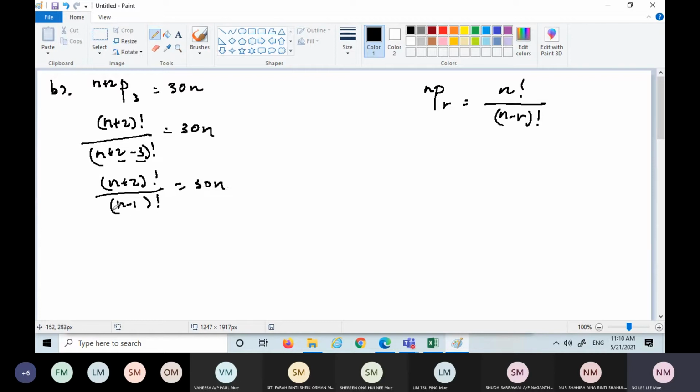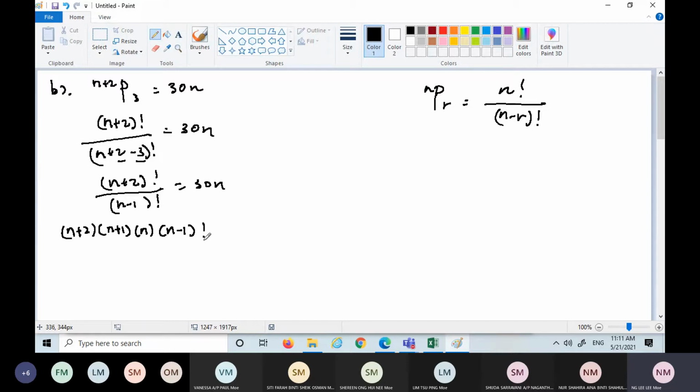Don't move the (n-1) to the right-hand side first, because I'm going to simplify using (n+2) factorial. Which one is bigger, n+2 or n-1? n+2 is bigger, so list out from n+2. The first is n+2, then minus 1 gives n+1, minus 1 gives n, minus 1 gives n-1.